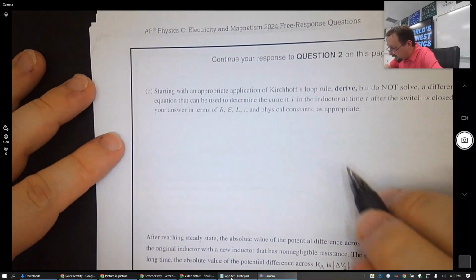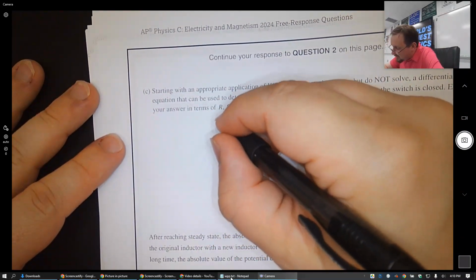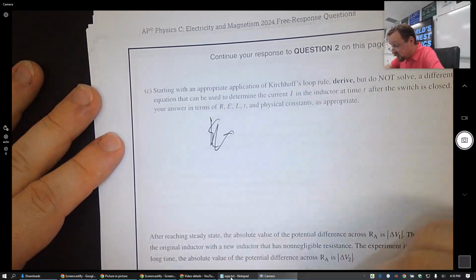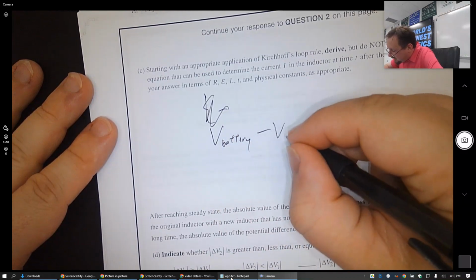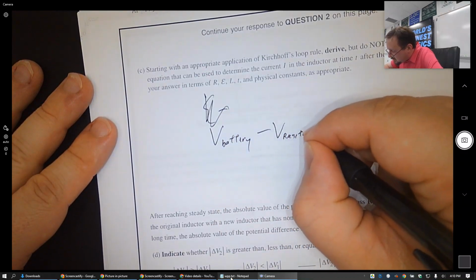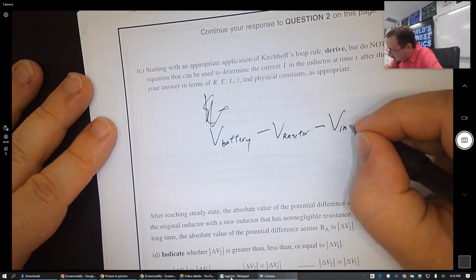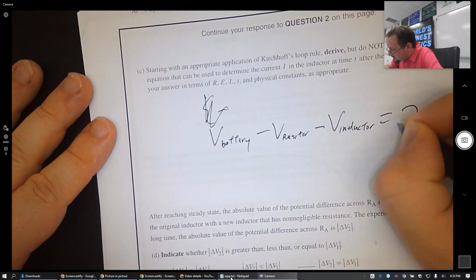Derive but do not solve a differential equation. It's the same one again. Let me derive it. The voltage via the battery minus the voltage via the resistor minus the voltage via the inductor is equal to 0.